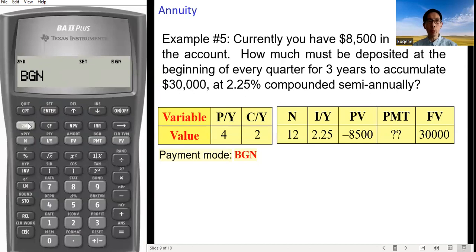And then quit the timing worksheet. Make sure the BGN indicator is on. Enter the frequencies. PY is 4. And then CY equals 2. Enter N, the value is 12.